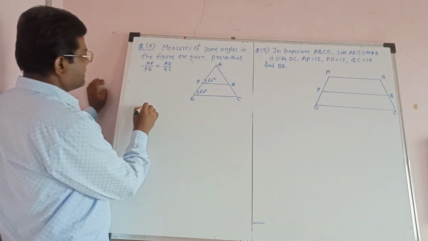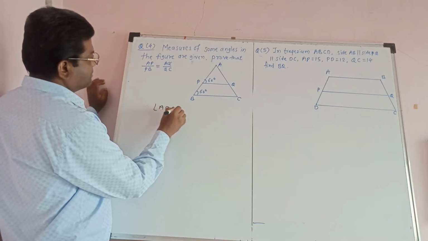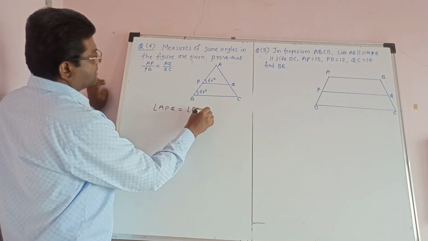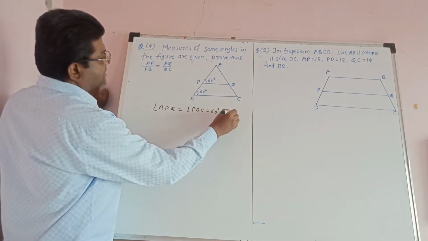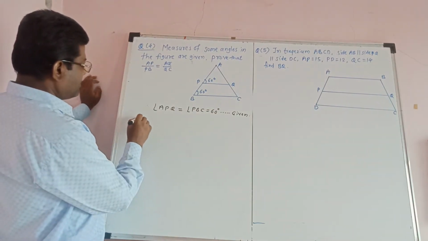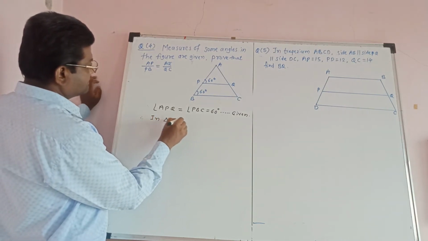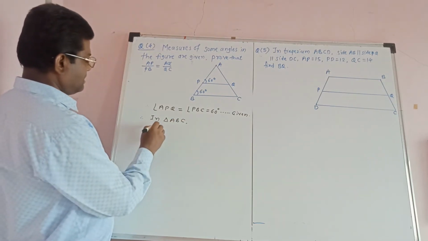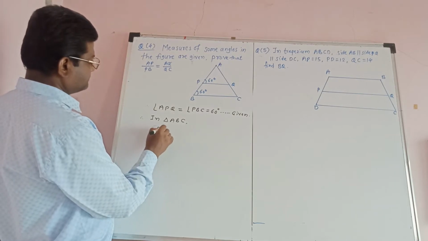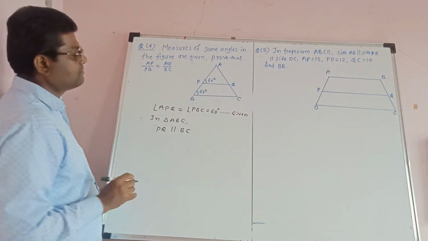Therefore we write here angle APQ is equal to angle PBC is equal to 60 degree. It is given. Therefore, in triangle ABC, PQ parallel to BC.